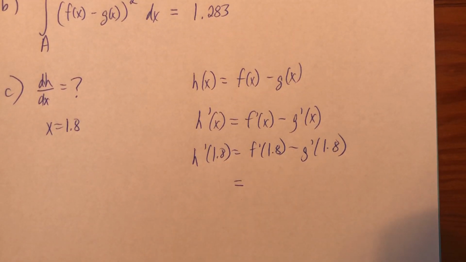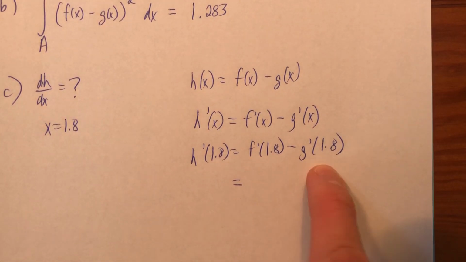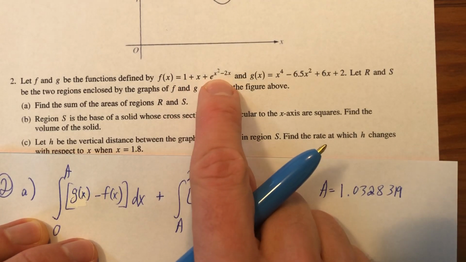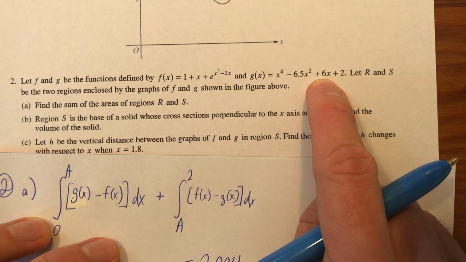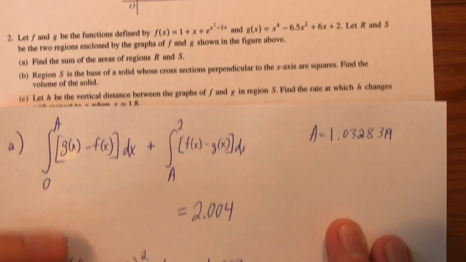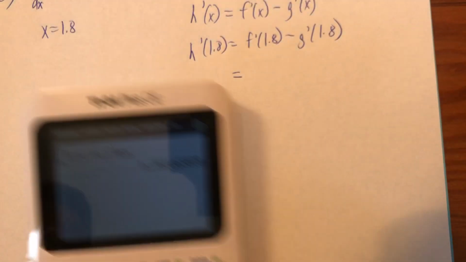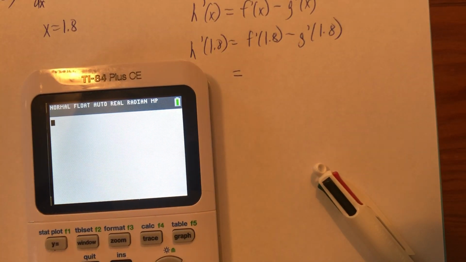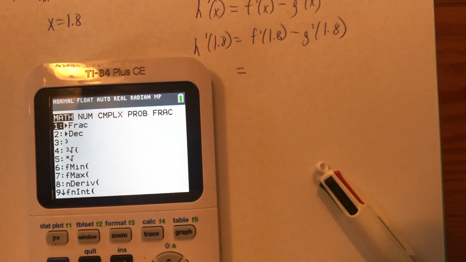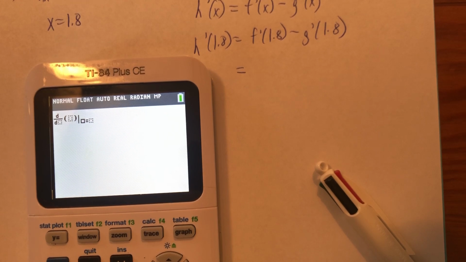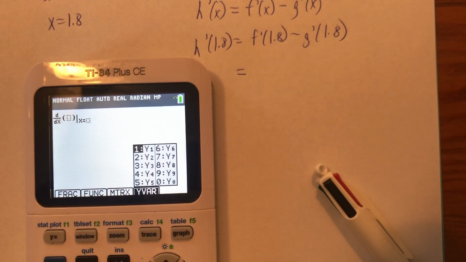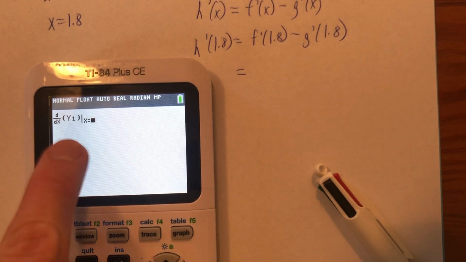Now I have to take a derivative here and here. Oh no, I have to do all that work. No, you don't. It's calculator active, so don't. Lucky us, we got what we need right here. Math, 8, 9. I want to take the derivative with respect to x of my f function, y1, and x equals where?